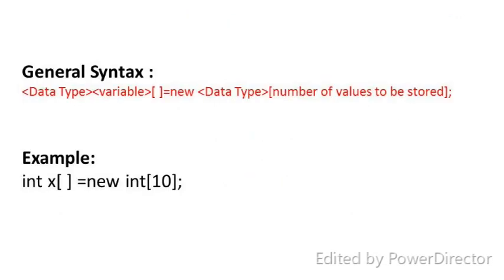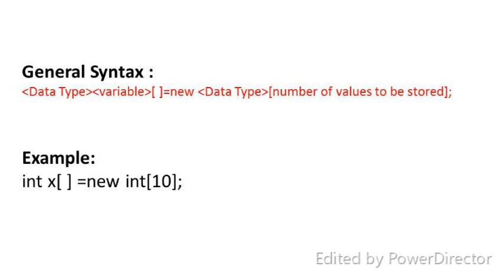Now, having understood the concept of a single dimensional array, the biggest question is how to implement it in Java programming. For this, we have to understand the general syntax to create a single dimensional array.